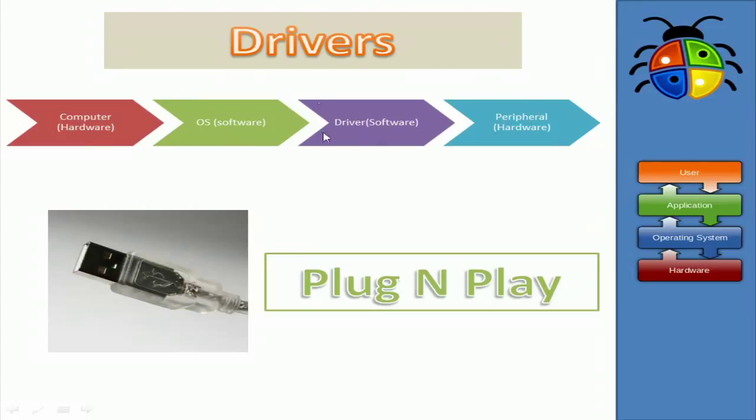But that wouldn't be possible without this connection. It would be like two people speaking different languages and neither would understand each other. So the operating system is in charge of managing those drivers. It's the manager, as we said before, for the peripheral devices, for the inputs and outputs of this system.